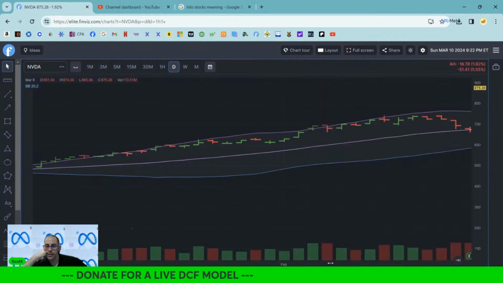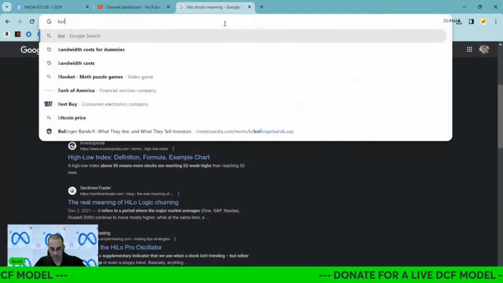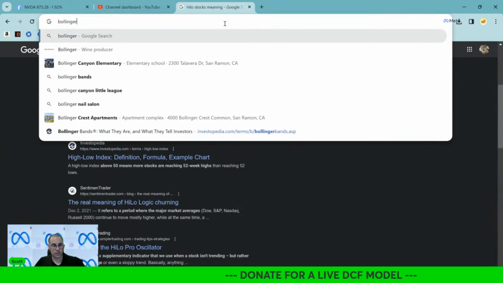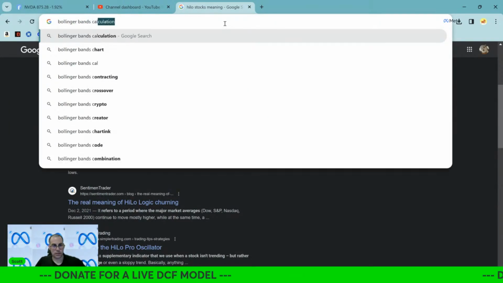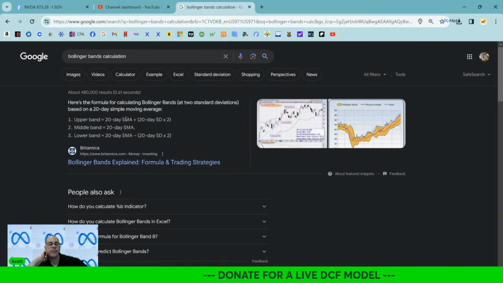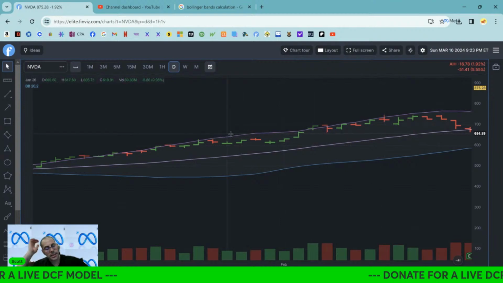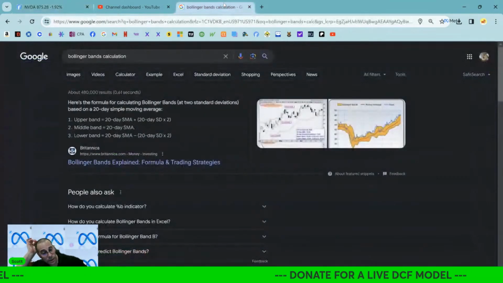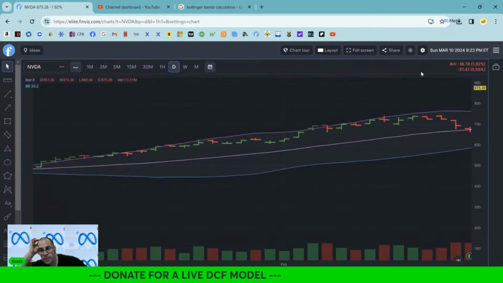Bollinger Bands? So it's a simple moving average. I think the default is a 20-day simple moving average. So this has some similarities to the high-low, but uses 20 days instead of 50 days.